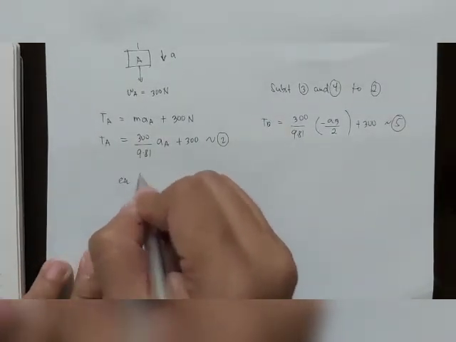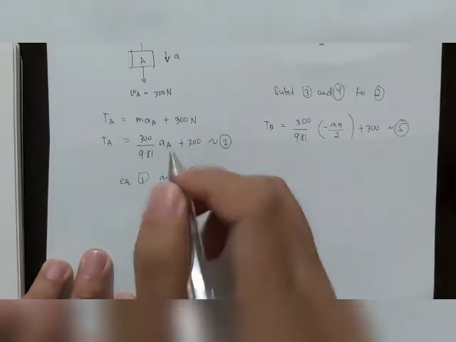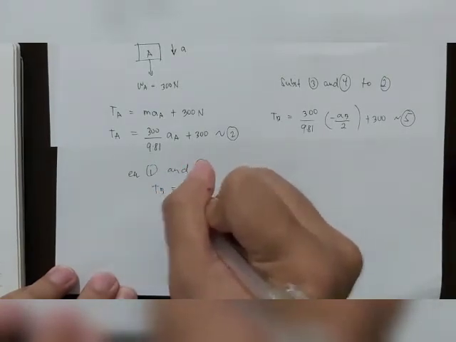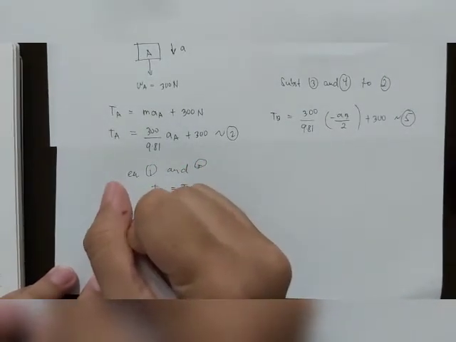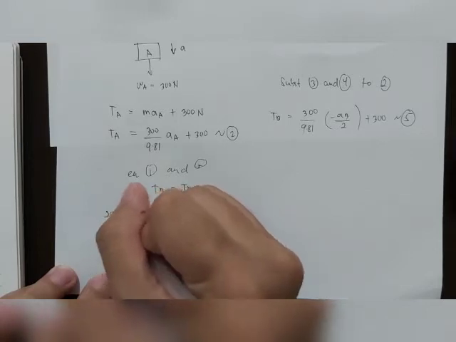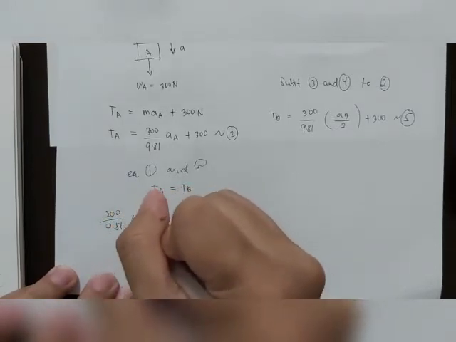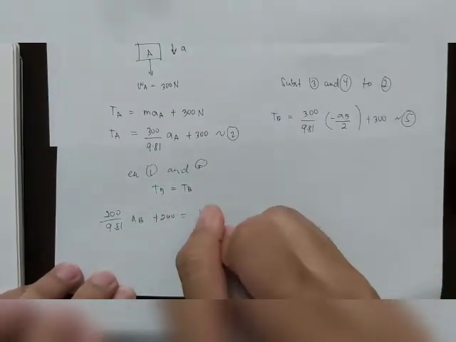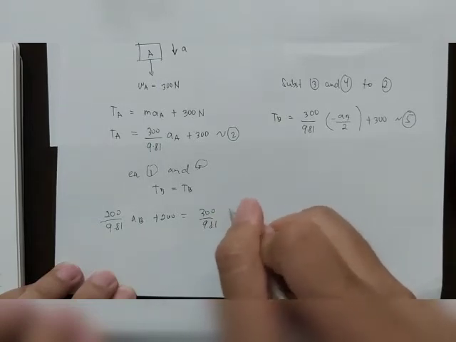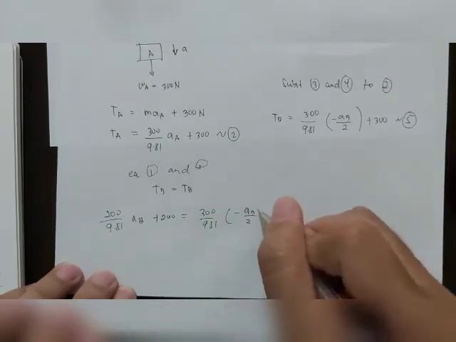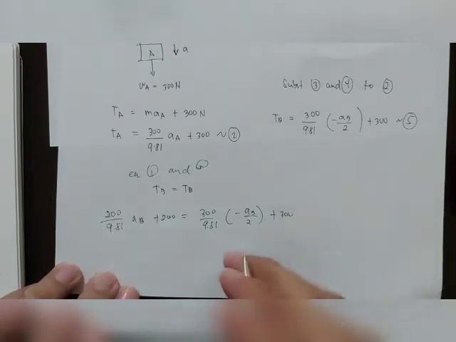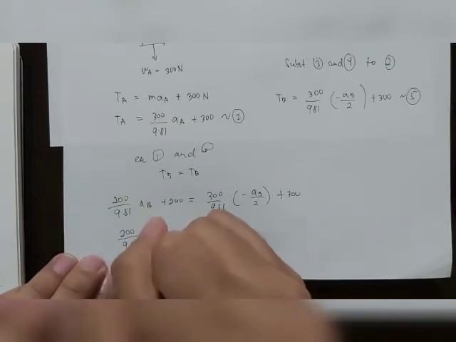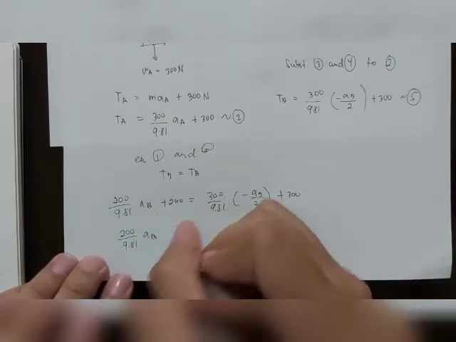So equating 1 and 5, if TB is equal to TB, we have 200 over 9.81 times the acceleration of B plus 200 is equal to the equation 5, 300 over 9.81 all over 2 plus 300. So transpose lang tayo. We have 200 all over 9.81 AB.